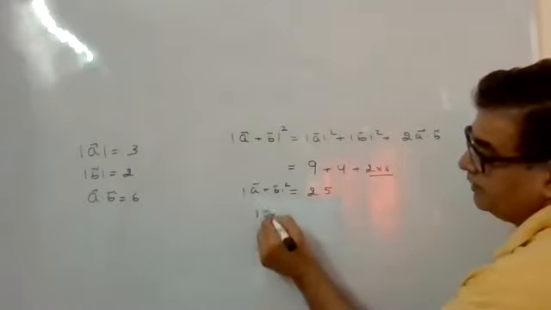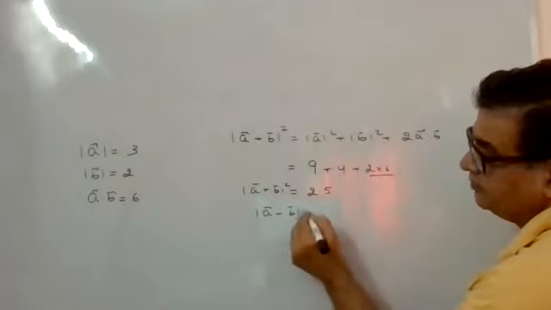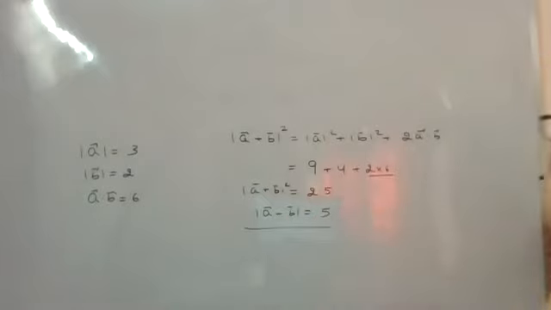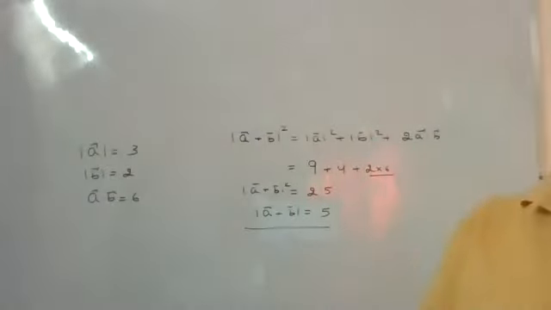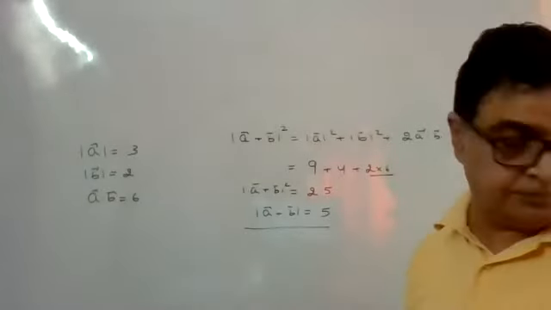Or I should say magnitude of A plus B comes out to be 5. Don't write plus minus because the modulus never comes out to be negative. Next question please.